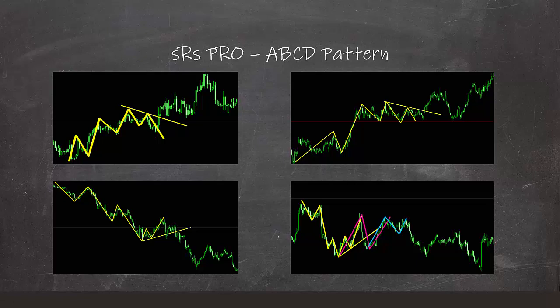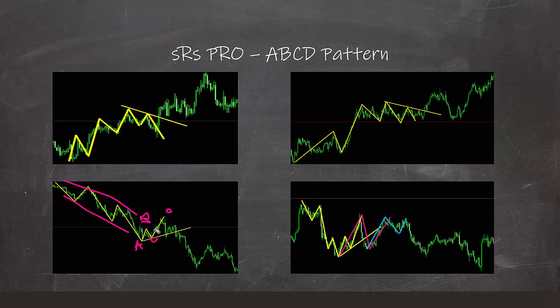Easy, right? A, B, C is below A, D is below B, breakout, trend continuation. 3 higher highs, 2 waves correction, breakout. Downtrend, 3 lower highs, 3 lower lows, A, B, C, D.